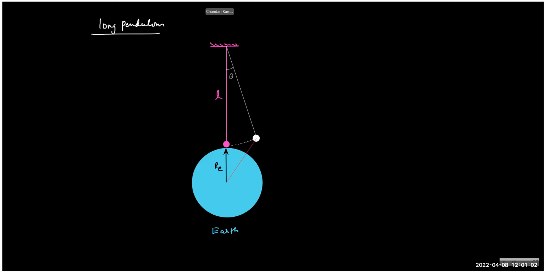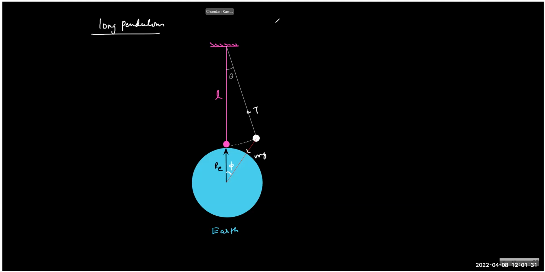So this is how the gravity will act, and this is how the tension will act. And this angle we can call phi. So the tangential force, which used to be earlier mg sin theta, is now not going to be mg sin theta, right? Why? Because earlier we used to draw mg like this. Now can we draw mg like this? The answer is no.